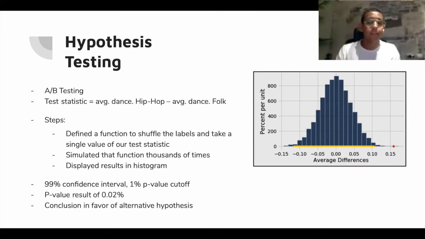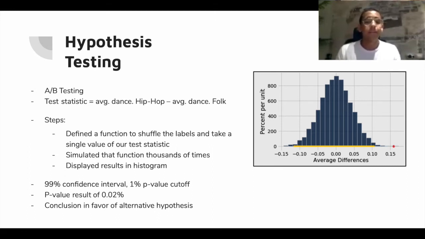Let's start our hypothesis test. We used an A/B test since we want to conclude something about one genre being more or less danceable than the other on average. Our test statistic is the average danceability of hip-hop minus that of folk music. We define the function to shuffle the labels of our joined table and take one value of our test statistic from that. We then simulated this function 5,000 times and displayed the results in the following histogram.